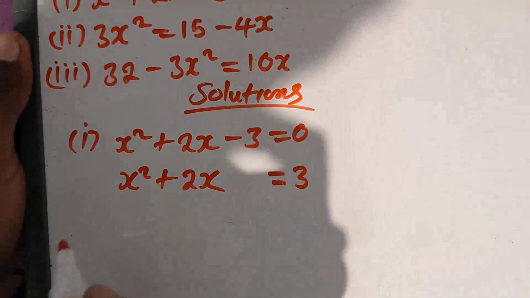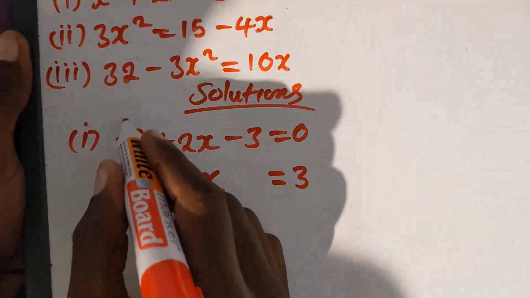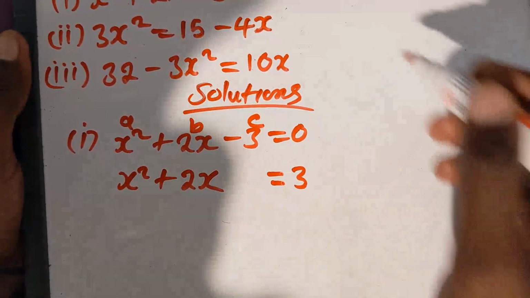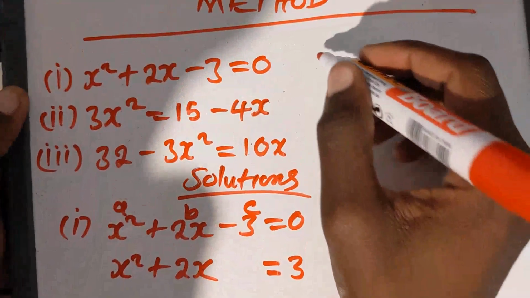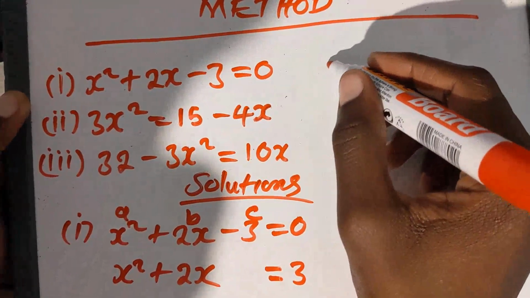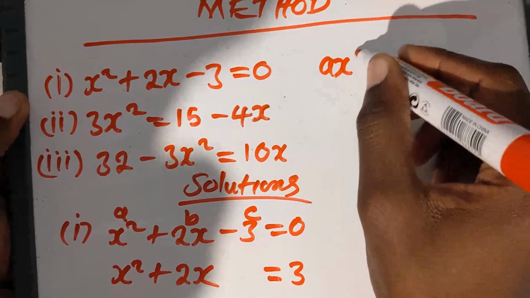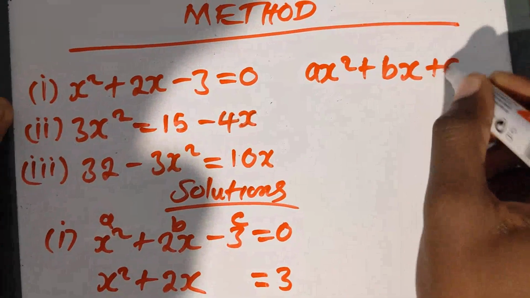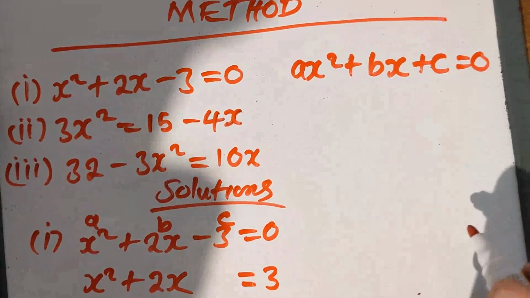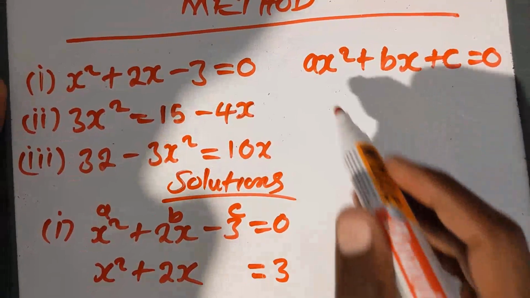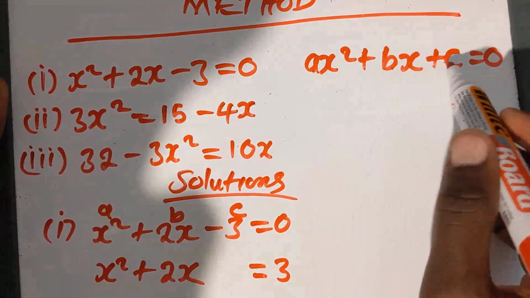What you don't need to forget is that this is a, this is b, this is c under a quadratic equation. We say a quadratic equation is an equation in the form ax squared plus bx plus c equal to 0. These are just the coefficients.